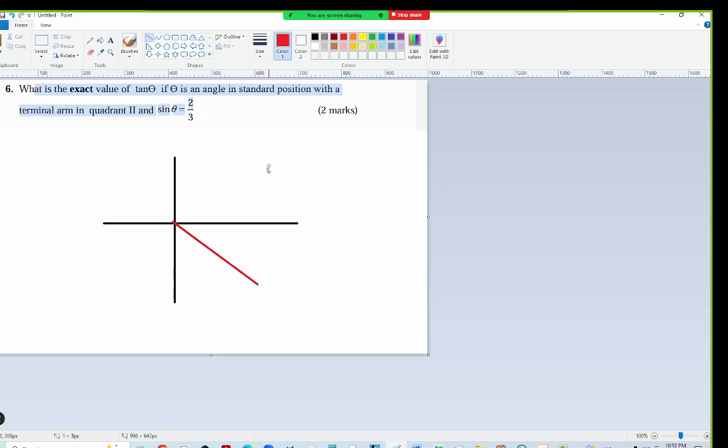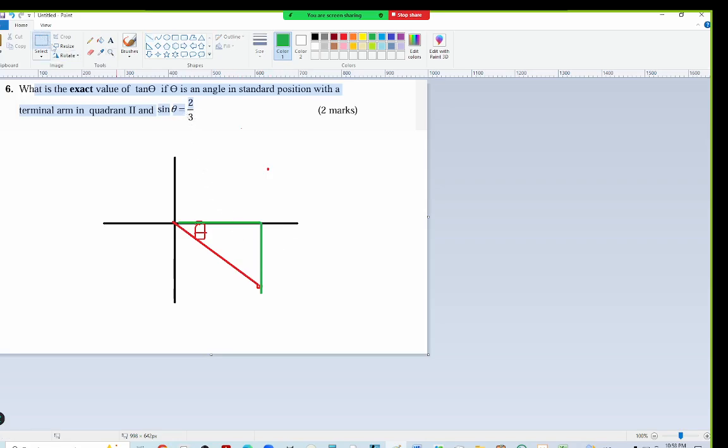But they tell us there's an angle here, and we know it goes to a point here. We don't know what the point is, but we can just automatically draw a triangle by going straight up, straight across, and using the red line as the hypotenuse.